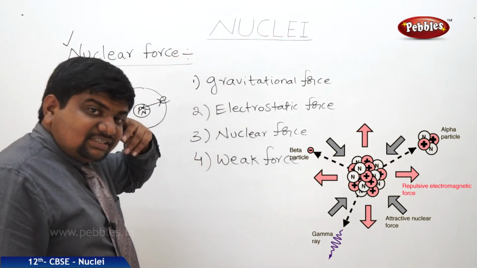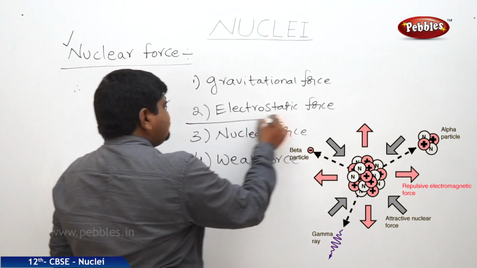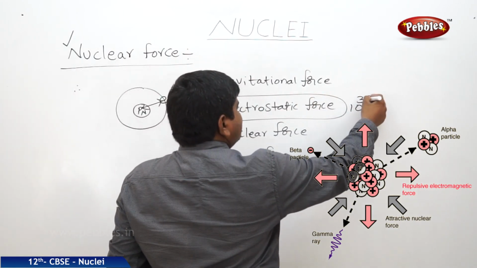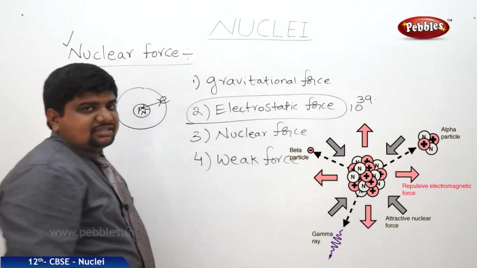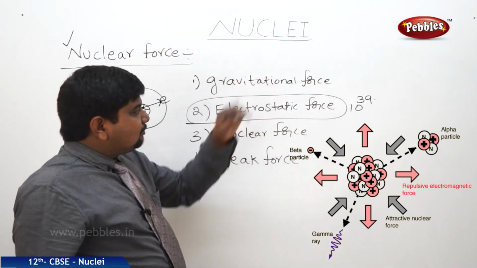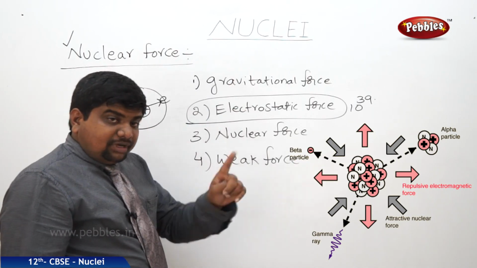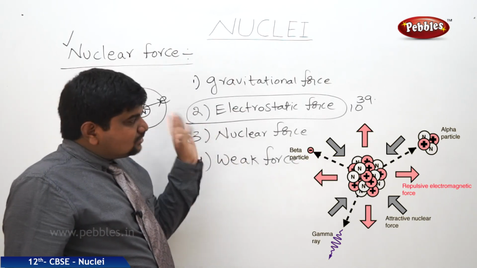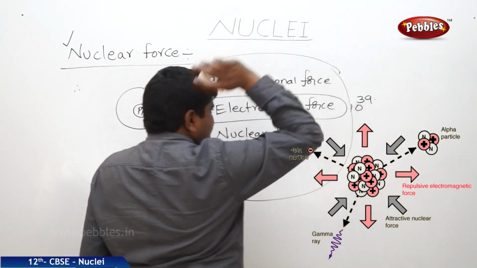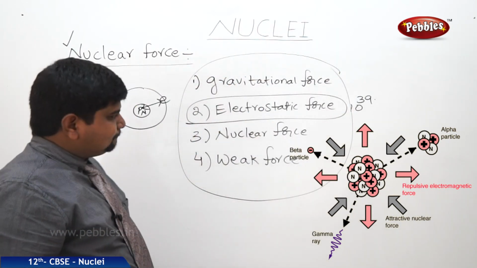If you compare the forces, electrostatic force is 10^39 times greater than gravitational force. That means electrostatic force is much stronger than gravitational force. But nuclear force is the strongest among all the fundamental forces in nature.